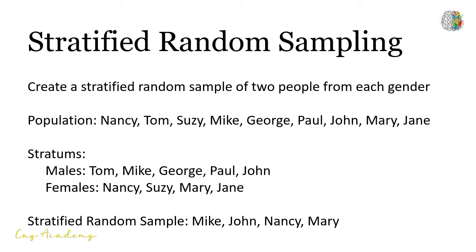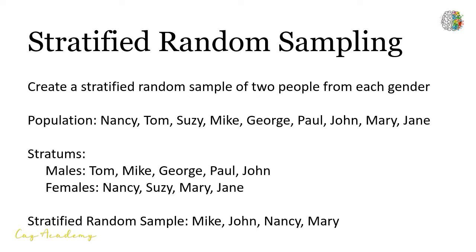From that group of people, we're going to divide them into strata of males and females. And then from those 2 gender groups, we're going to do a simple random sampling. From the male group, I'm going to put those 5 names of Tom, Mike, George, Paul, and John into a hat, and then I'm going to draw 2 boys' names out of my hat.